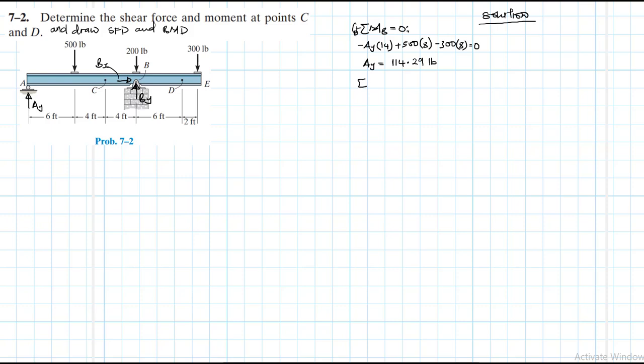Alright, then what do we have? Then we have summation of forces in the y direction equal to 0. Going up in our reference, we have AY minus 500 plus BY minus 200 minus 300 equal to 0.